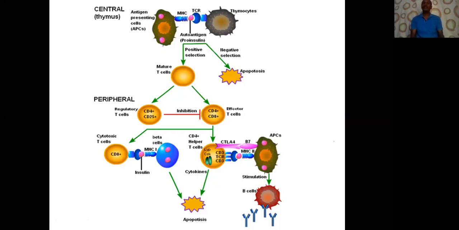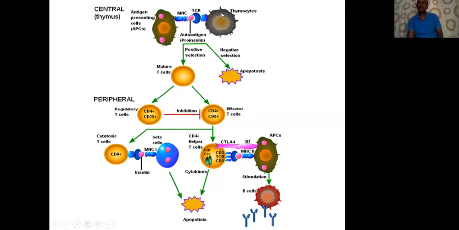Then how does this autoimmune disease happen? It happens because our own insulin will be recognized as an antigen. So first, the insulin will be presented as an antigen by antigen presenting cells to the T lymphocytes.